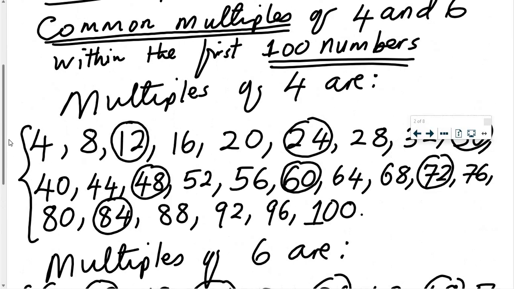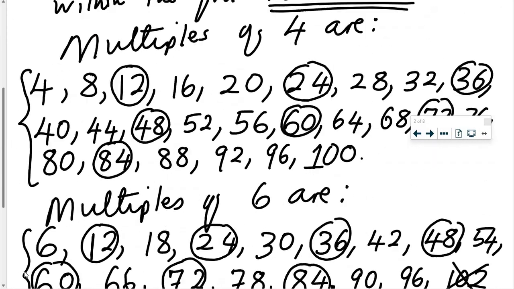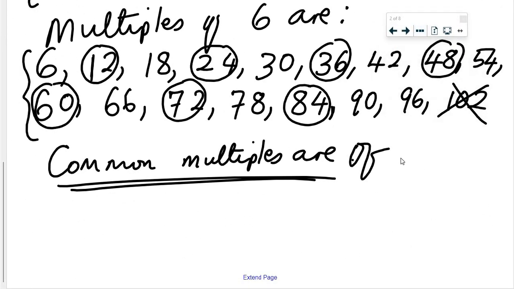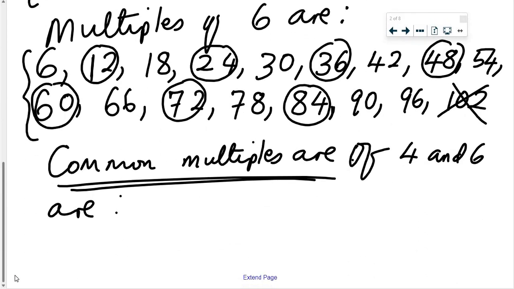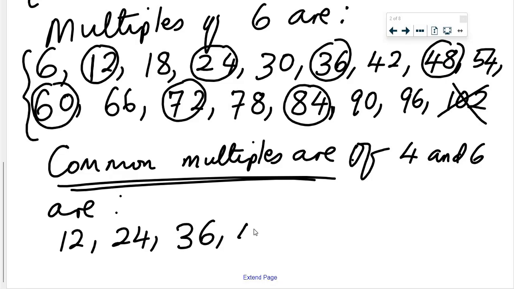The common multiples of 4 and 6 are: the first one was 12. We got 12, 24, 36, 48, 60, 72, 84.